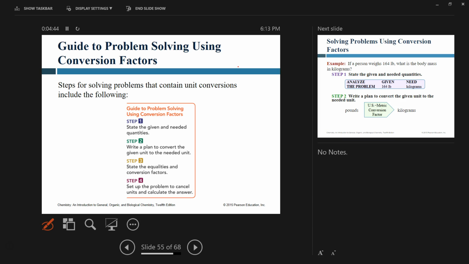So it's really critical to write down what you know and what you need to find. So step 1 is you figure out what's given and what's needed. Then you figure out what you need to do. Then you write down conversion factors and/or equalities.